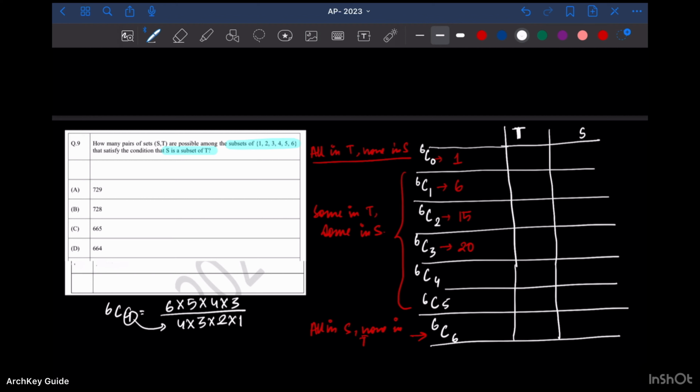So this will give me 15. 6C5 will give me 6 into 5 into 4 into 3 into 2 divided by 5 into 4 into 3 into 2 into 1. This is going to give me 6. And 6C6 would eventually be 1. I hope this one part is clear.